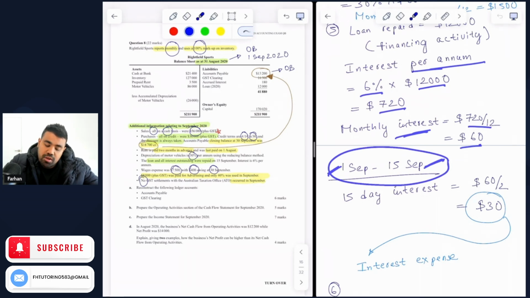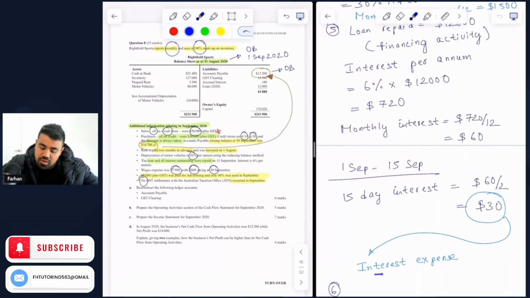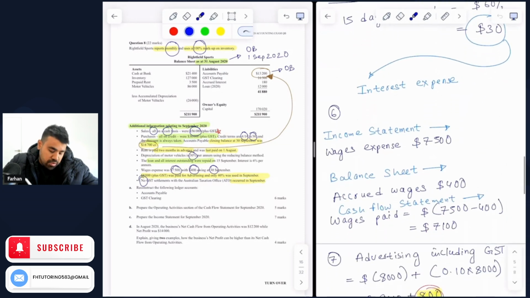So if the monthly interest is $60, the 15-day interest would simply be divided by 2 again, and that is $30. So this $30 is the interest expense that we are going to include within the income statement for the month of September 2020.